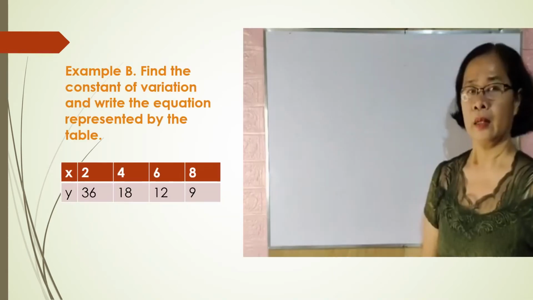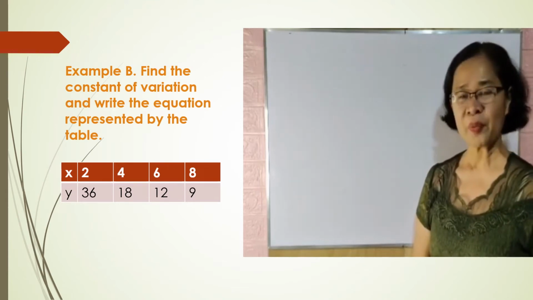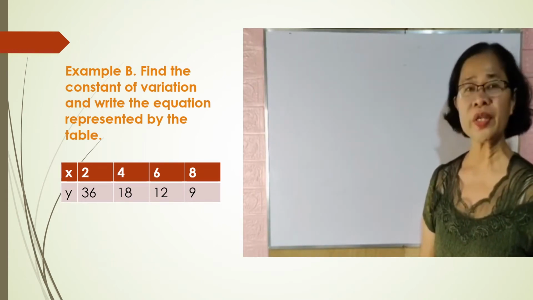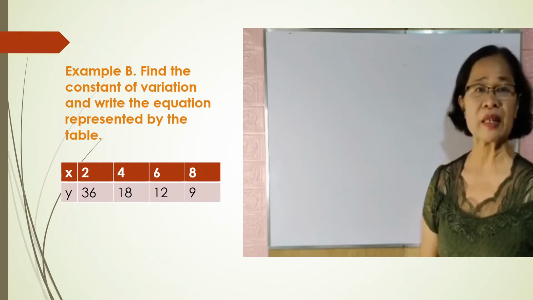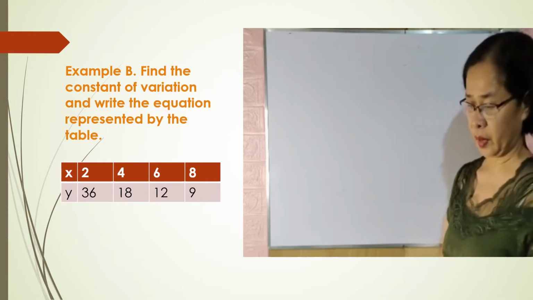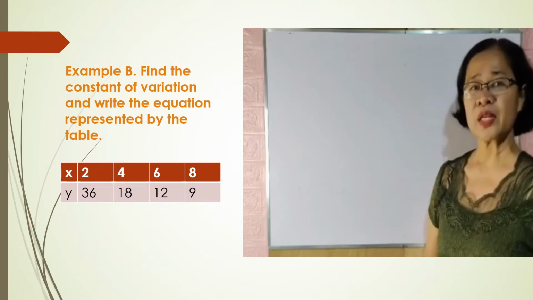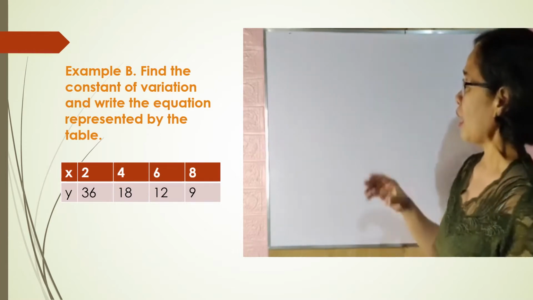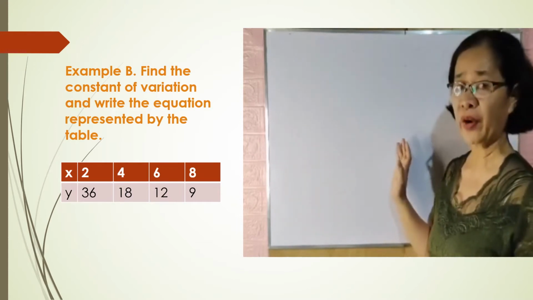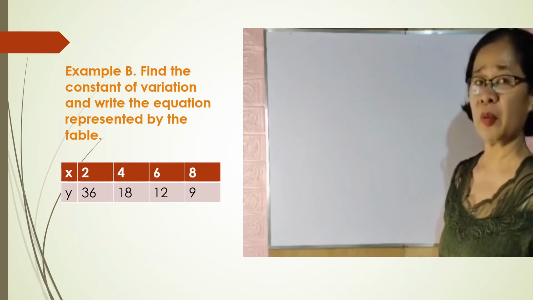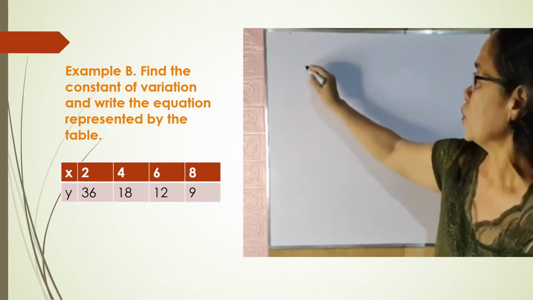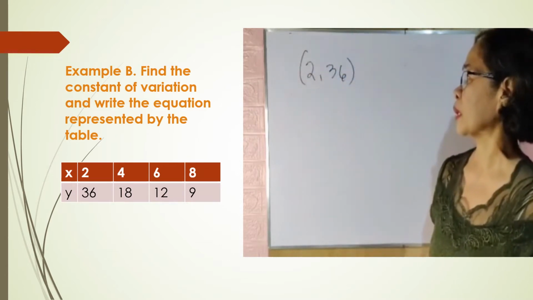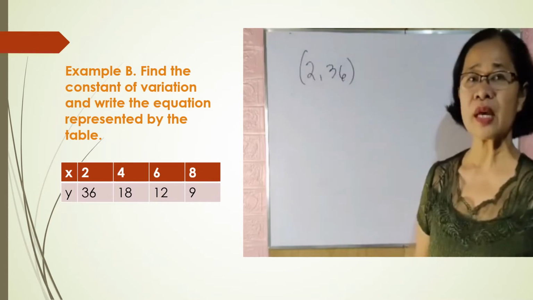Let's take up example B. Find the constant of variation and write the equation represented by the table. Since a table is given, we need only to choose any pair of values in the table. Let's choose 2 and 36. How do you find the constant?